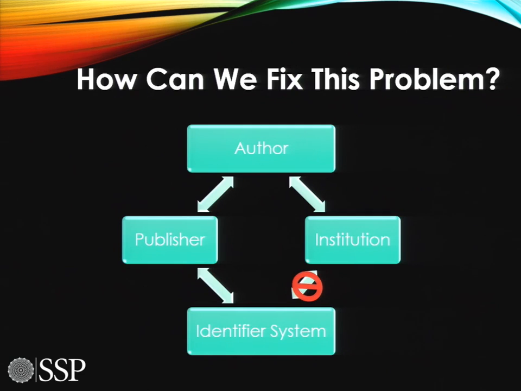So this is kind of a graphical representation of the problem, and I apologize, it's very faint. This looks better on my screen at home. So the 4 boxes clockwise from top are author, institution, identifier system, and publisher. And connections exist between all of those parties, except there's not a good connection between the institution, the author's home institution, and the identifier systems.